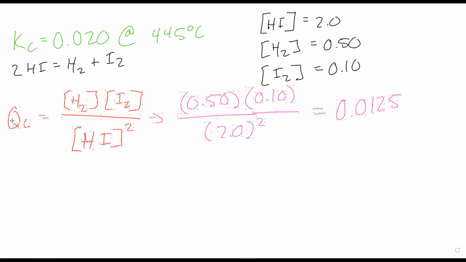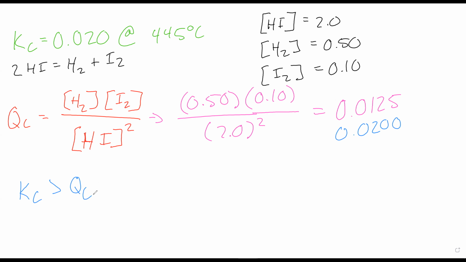That's the first question you always want to ask. Is Kc greater than Qc? Yes, because Kc is 0.0200 if we're filling in all the zeros, and that is definitely higher than our Qc value. So Kc is definitely greater than Qc.